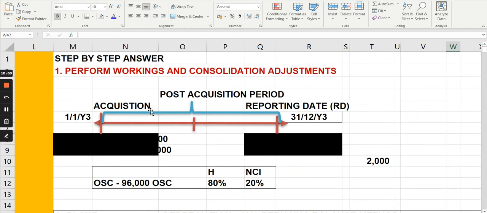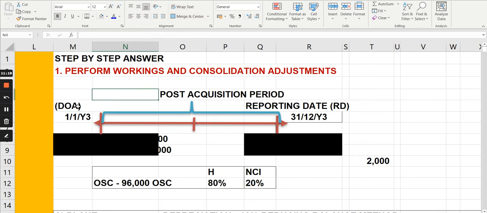I'm putting the step-by-step answer. First thing that you should always do is draw the timeline. So draw the timeline and identify when is the date of acquisition. Our date of acquisition is on 1st of January, year 3.